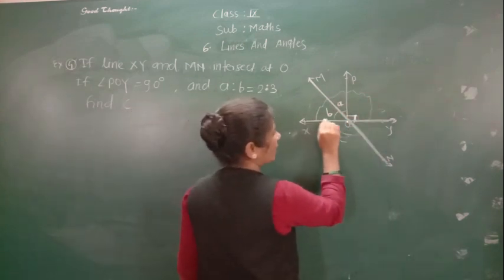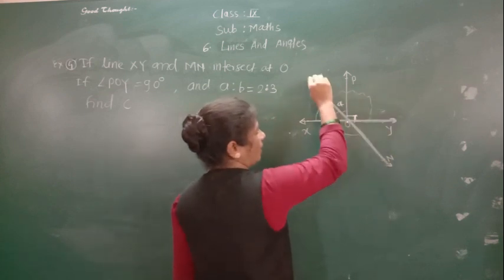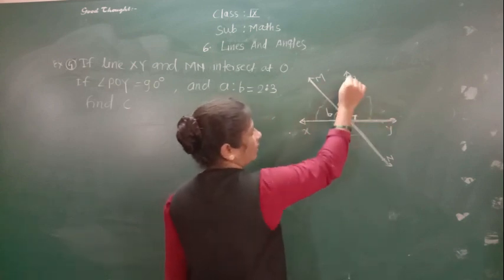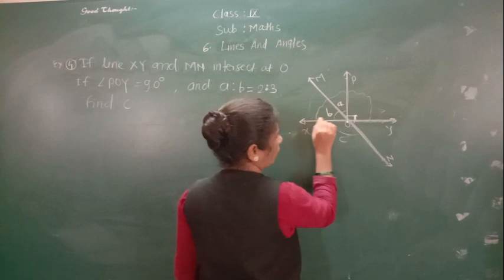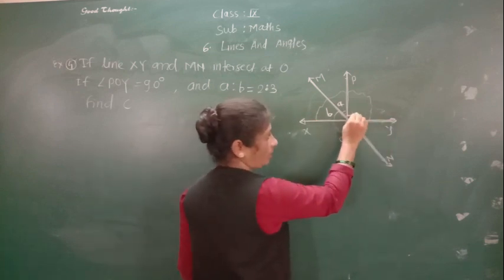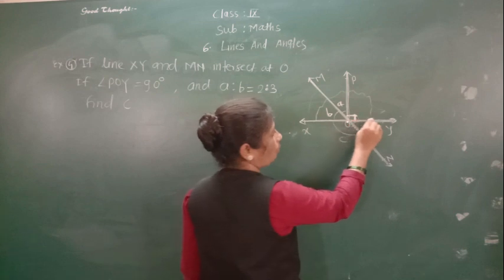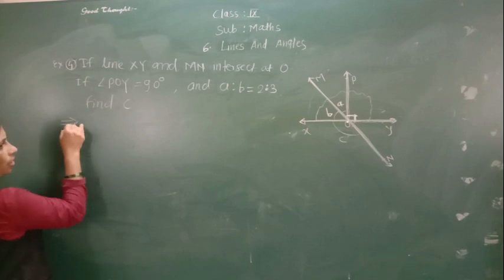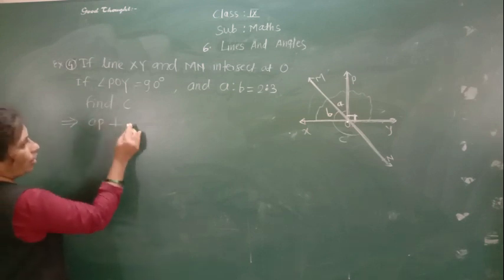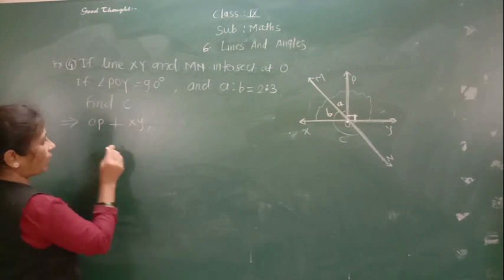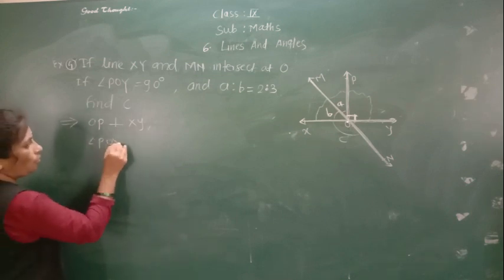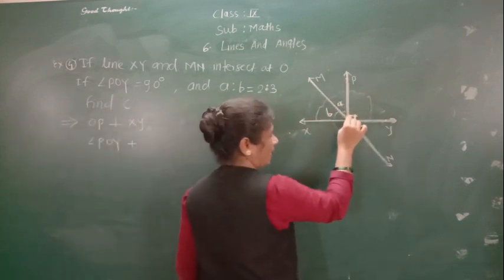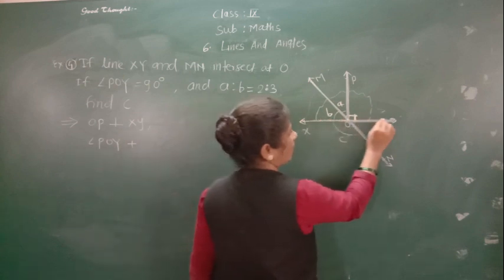So if you take this XY line and this OM ray, see the upside part here: OP is perpendicular to XY, because it is already given that angle POY is 90 degrees. So OP is perpendicular to XY, then angle POY plus angle POX equals 180 degrees, since this angle and this angle are a linear pair and XY is a line.